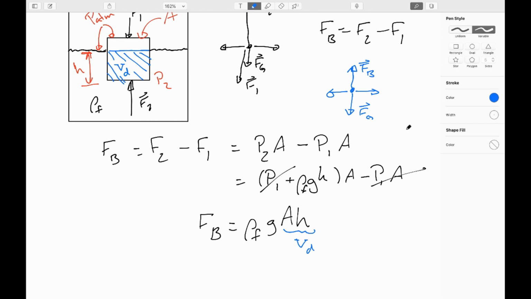And if I were in charge of all physics forever and ever, I would just call this the volume under the water line. Unfortunately, I don't have those powers. So the very unfortunate name for V sub D gets called the displaced volume.